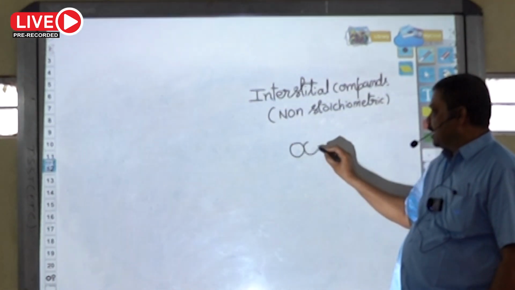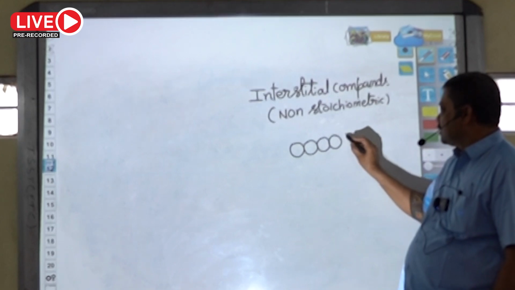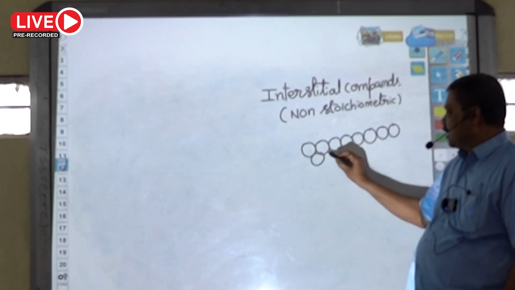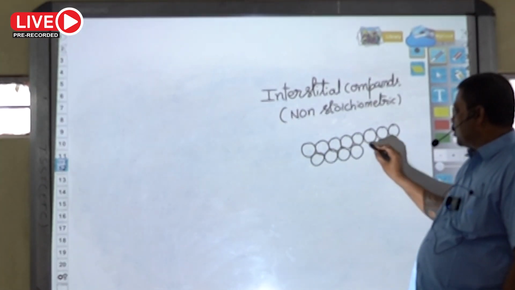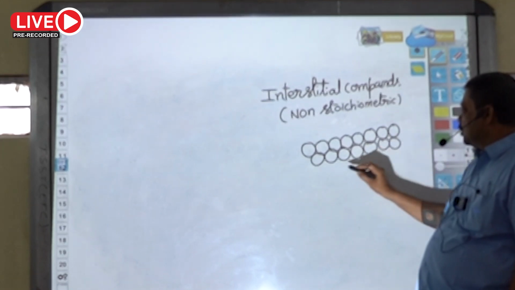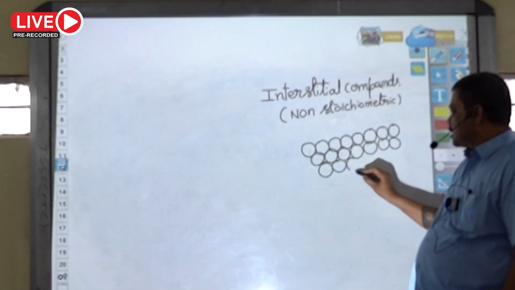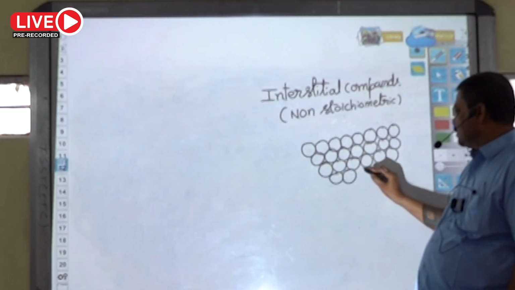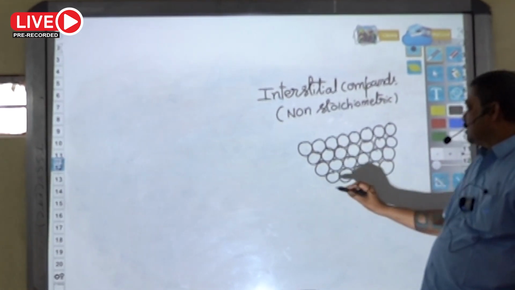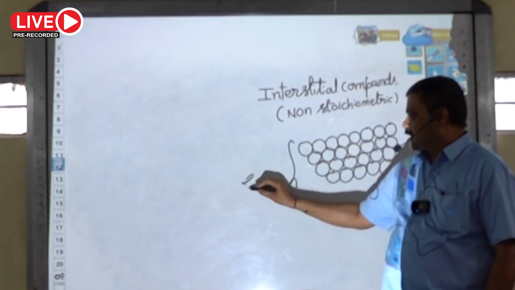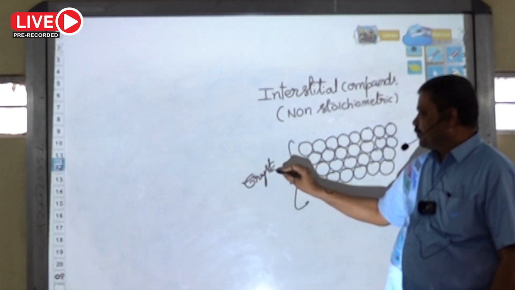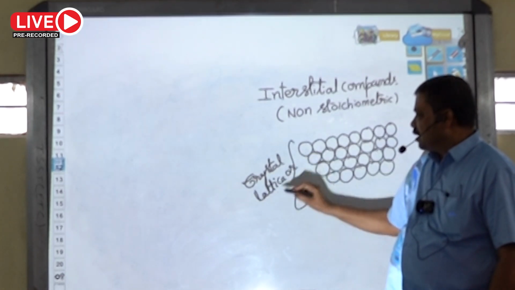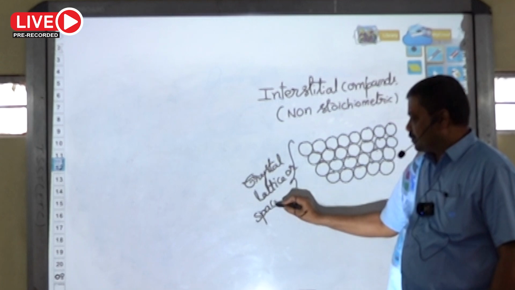Whenever the d-block metal atoms are packed in a proper order, whenever atoms are packed in a proper order, we call this a crystal lattice or space lattice.